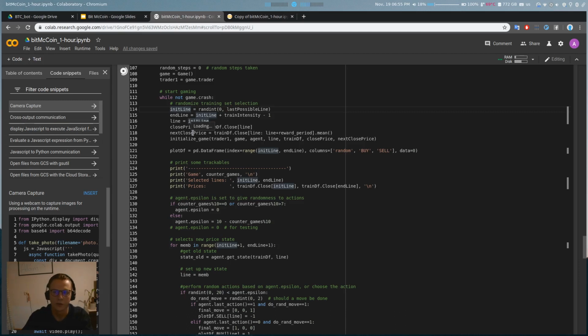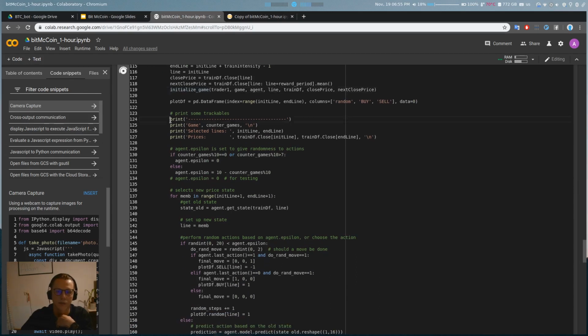So just a random day selection for the bot to train on. The end line just specifies when the day ends, and yeah, we set a line variable afterwards. Again, you can see that the closing price and next closing price are things that really repeat within the codes. I guess I could optimize on that, but yeah, I just didn't for now. And then we just initialize the game using the initialize game function.